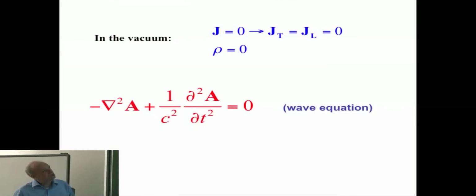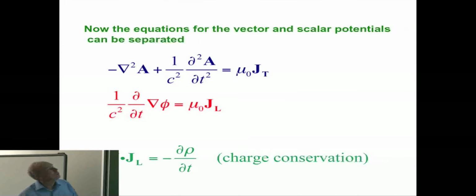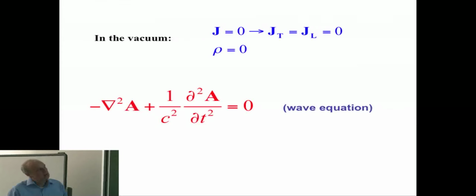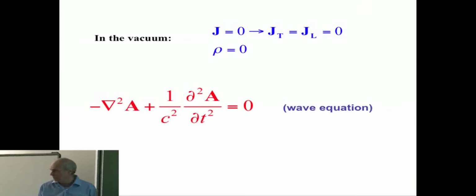And so, if J equals 0, its transverse and longitudinal parts are also 0, and in this equation for the vector potential the right hand side is 0, and so at the end, in vacuum space, we obtain this equation for the vector potential, which is a wave equation.